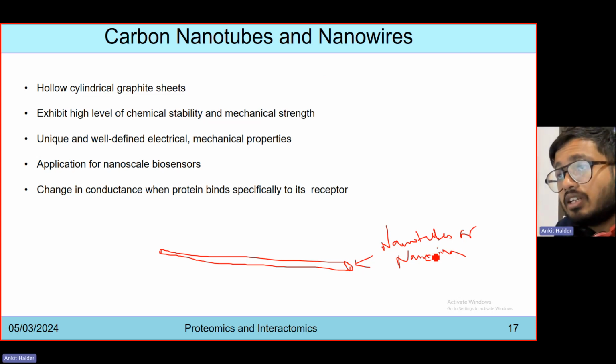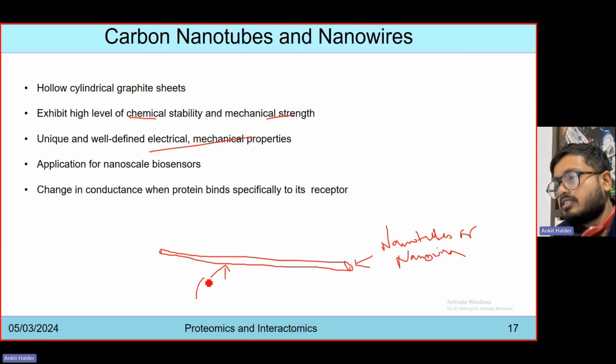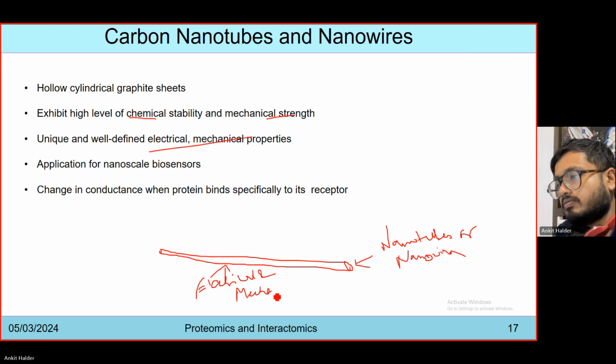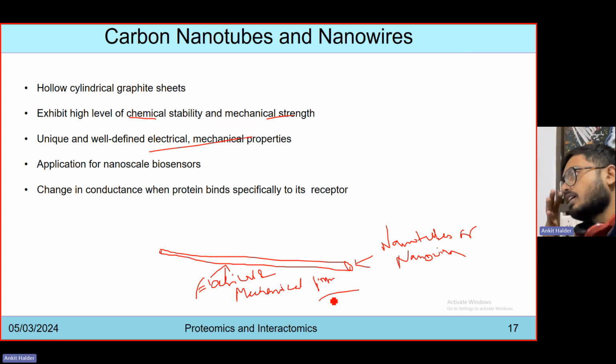It is like hollow cylindrical graphite sheets and exhibits a high level of chemical stability and mechanical strength, and well-defined electrical and mechanical properties. So it has some inherent electrical and mechanical properties.